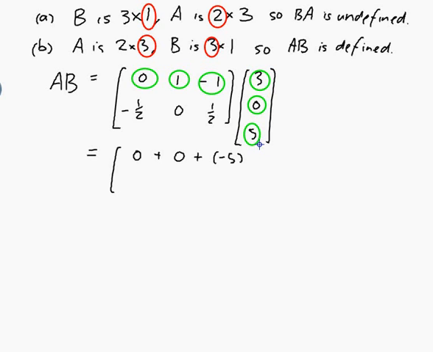So in this first position, in row 1 and column 1 of the answer, I used row 1 of A and column 1 of B, and I put that in the first position. The second position will come out like this. Minus a half times 3, which would be minus 3 halves.